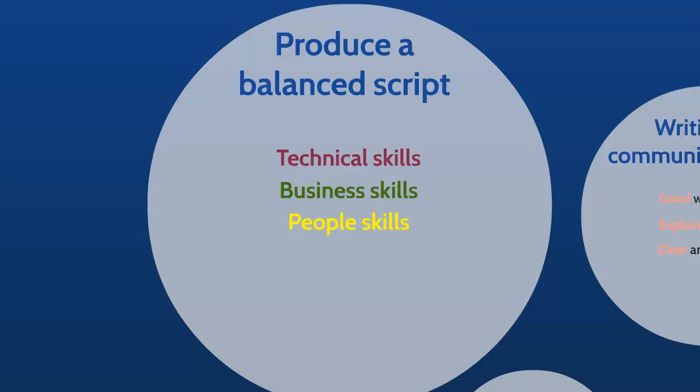How are ethical and corporate social responsibility issues, CSR, coming into this as well? Very often people will write something technically good with good analysis, but they've forgotten about the impact on the people and the culture and the business as a whole. And as part of the case study, there are marks available for people skills.